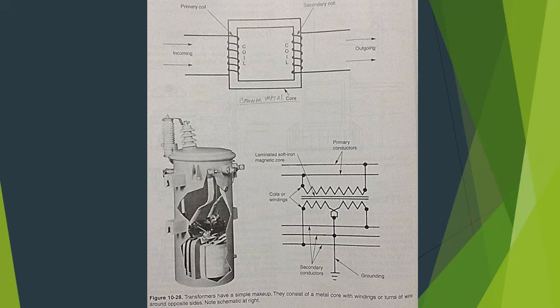For this, see figure 10-29. This magnetization of the metal core causes surges of magnetic flux. The surges are constantly reversing direction.